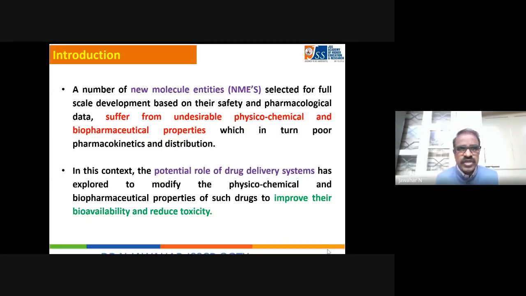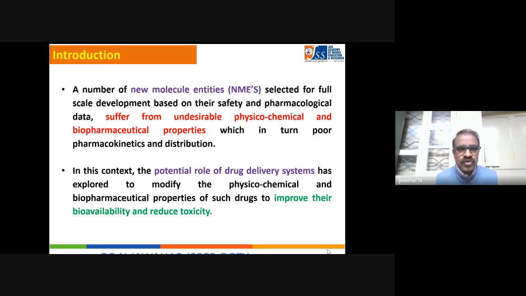Even in the COVID situation, people were talking about many vaccines and drugs. They may work in vitro, or even in preclinical studies show some good effect, but when it comes to human clinical trials, they don't work out. Why? Because the particular molecule has very poor physicochemical properties, which lead to poor biopharmaceutical properties and poor pharmacokinetics.